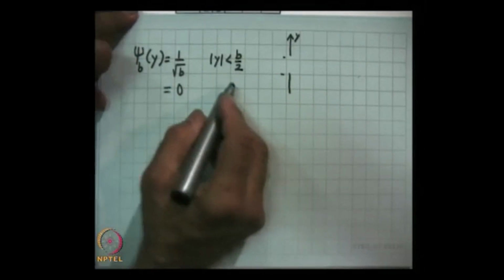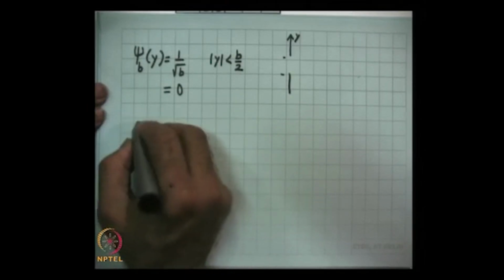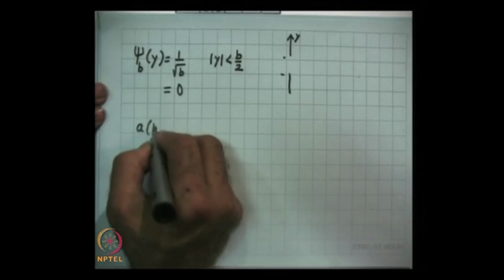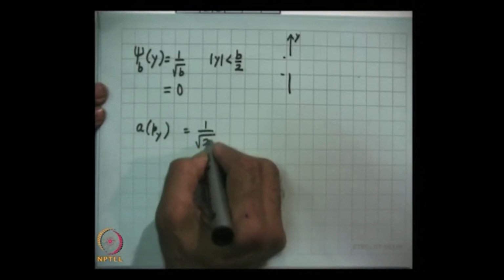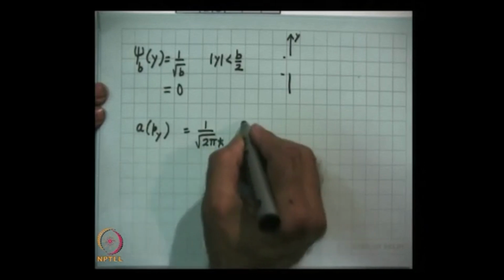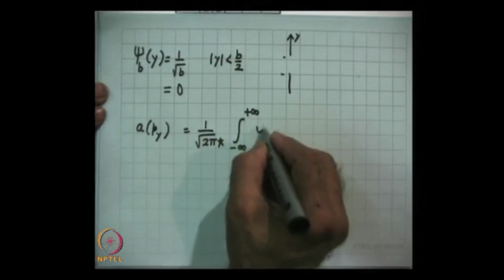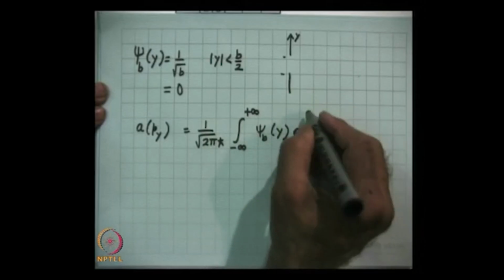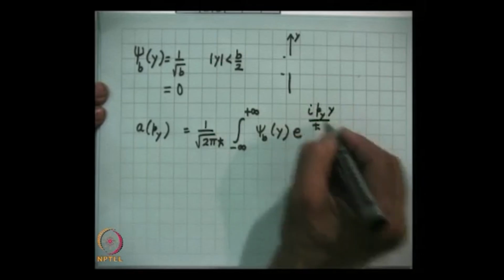If I assume such a wave function, then the corresponding Fourier transform, that is A of p y, will be equal to 1 over under root of 2 pi h cross, integral from minus infinity to plus infinity psi b y e to the power of i p y y by h cross d y.